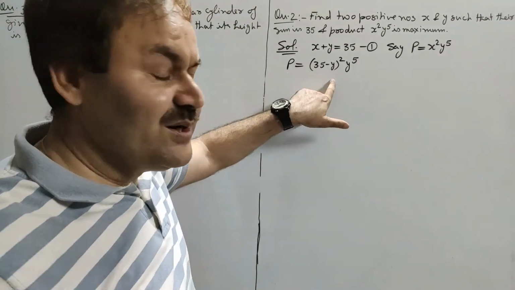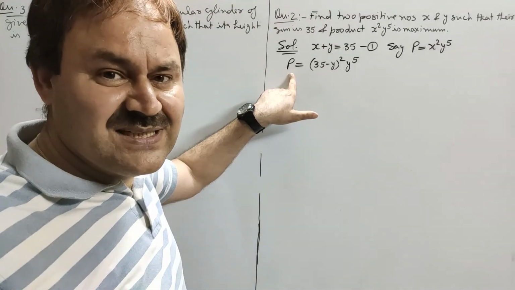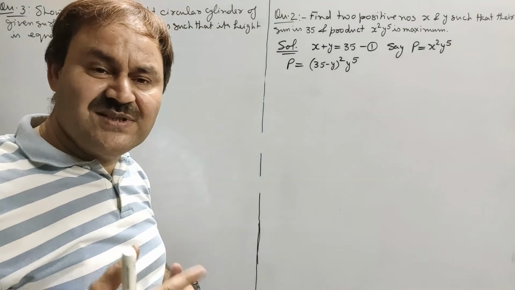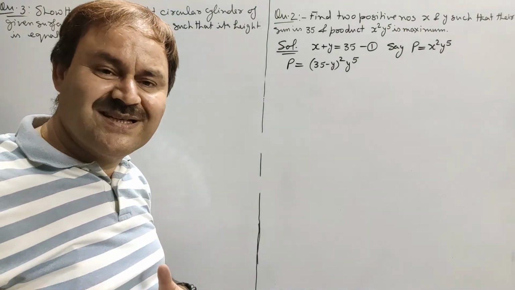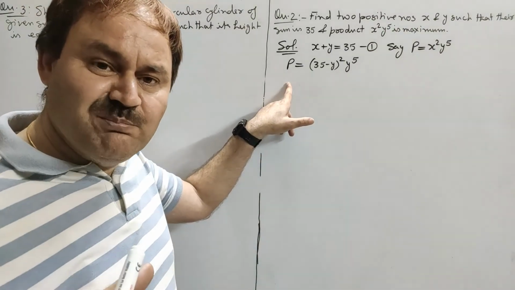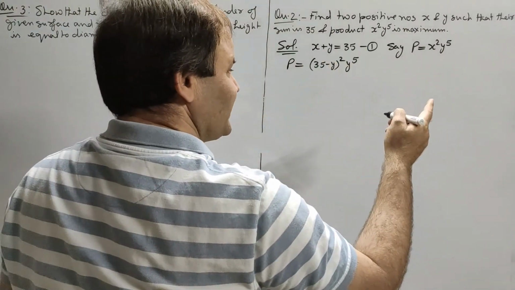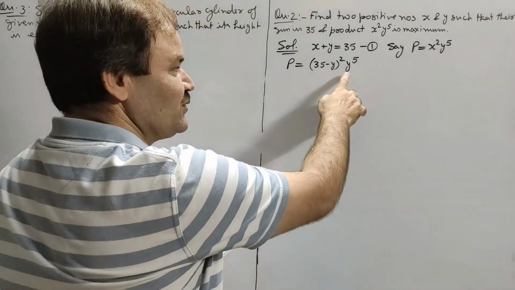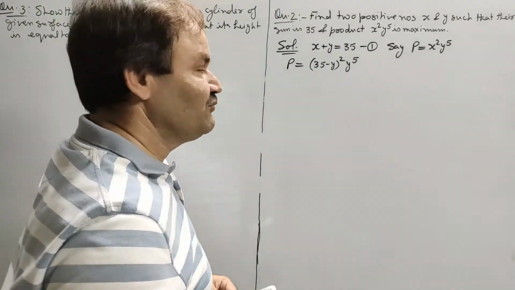So we will find out that value of y for which P is maximum, and for that first we will have to find out the turning points at which P can have maximum or minimum value, and for those turning points we will have to differentiate P with respect to y, because this time P is a function of y.